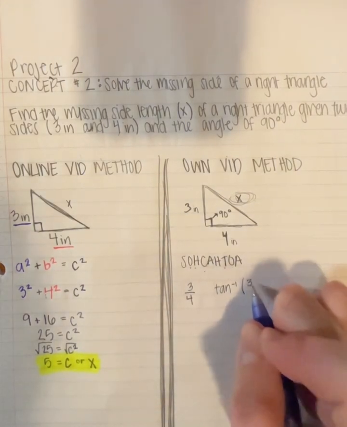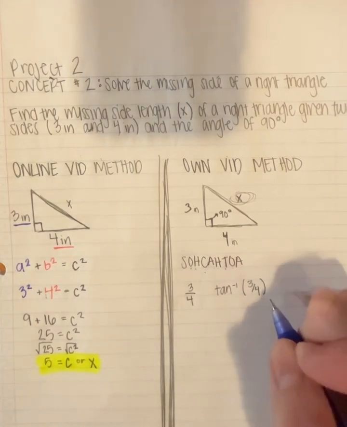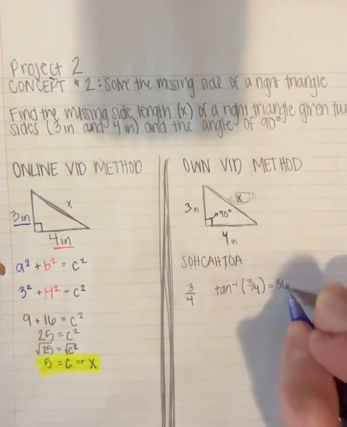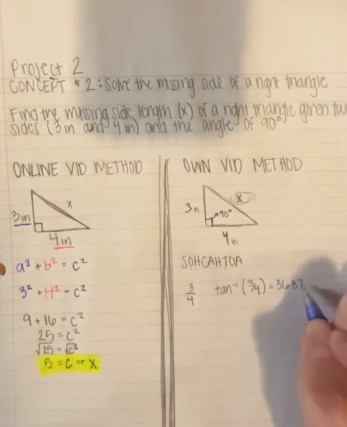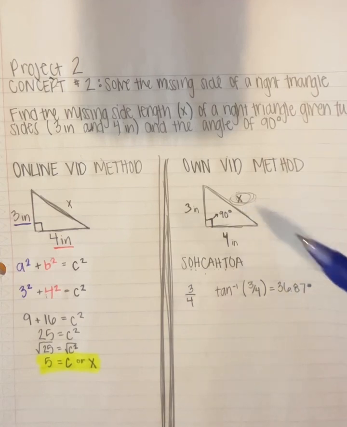So the inverse tan of 3/4 gives us an angle, and that angle is 36.87 degrees.